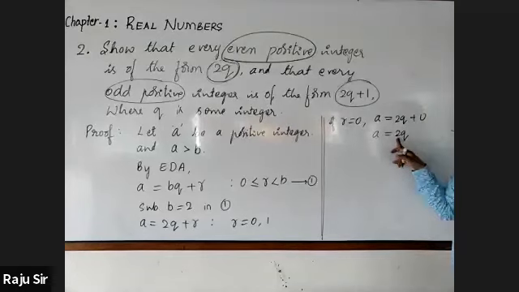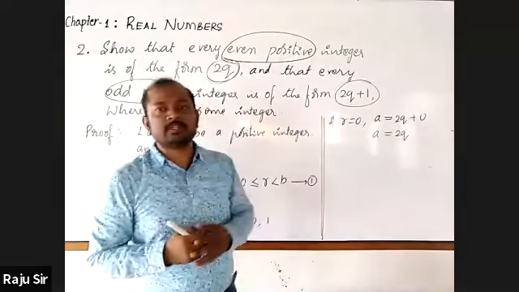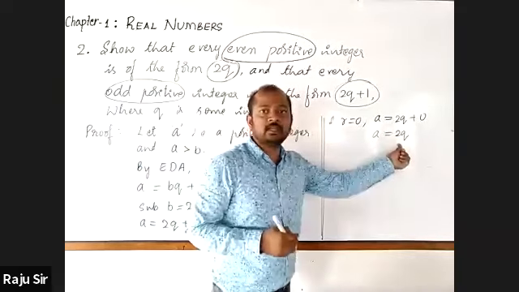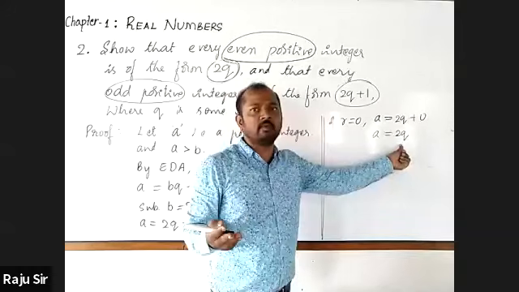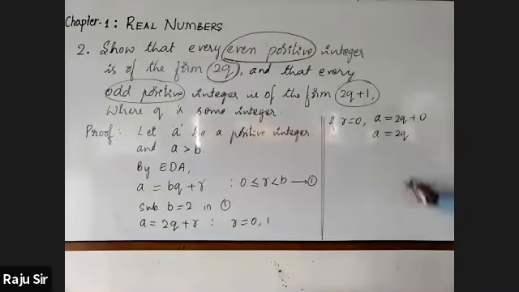Observe, it is a multiple of 2, is it not? It is also divisible by 2. What do you call a number which is divisible by 2? It is an even number. Hope that you all have understood this. Here I take this statement as statement 2.